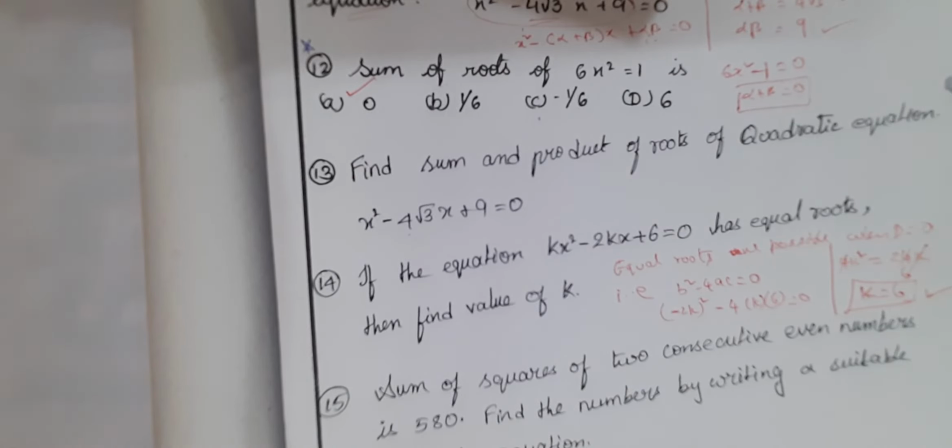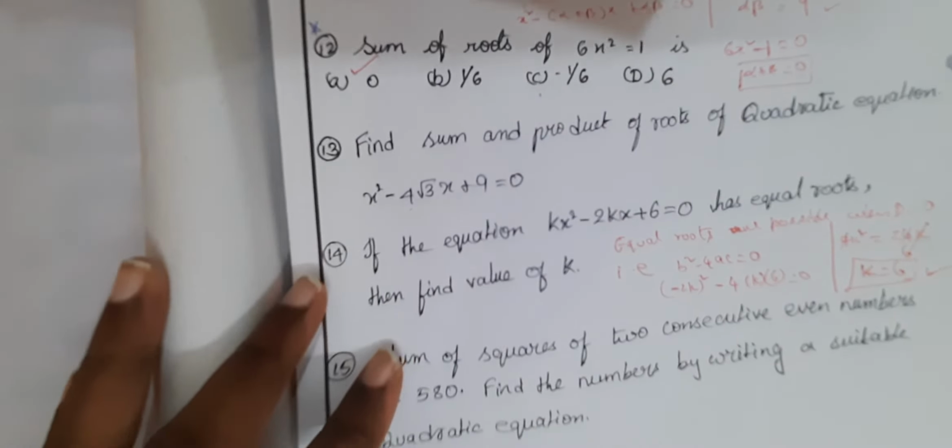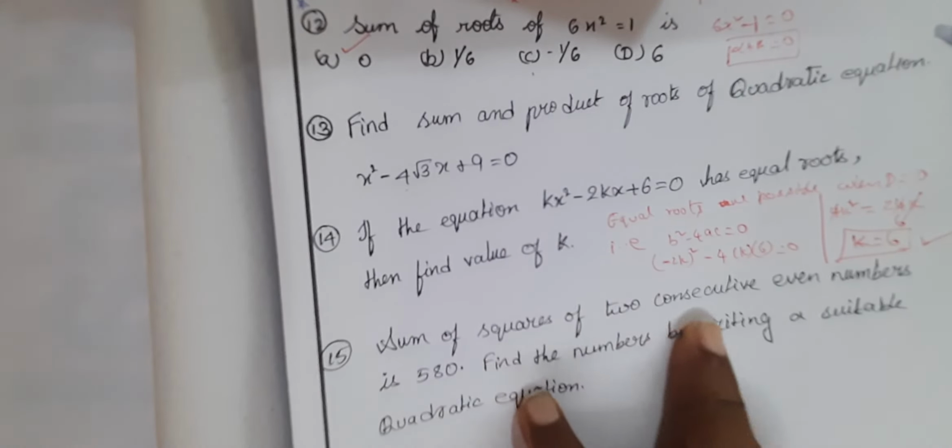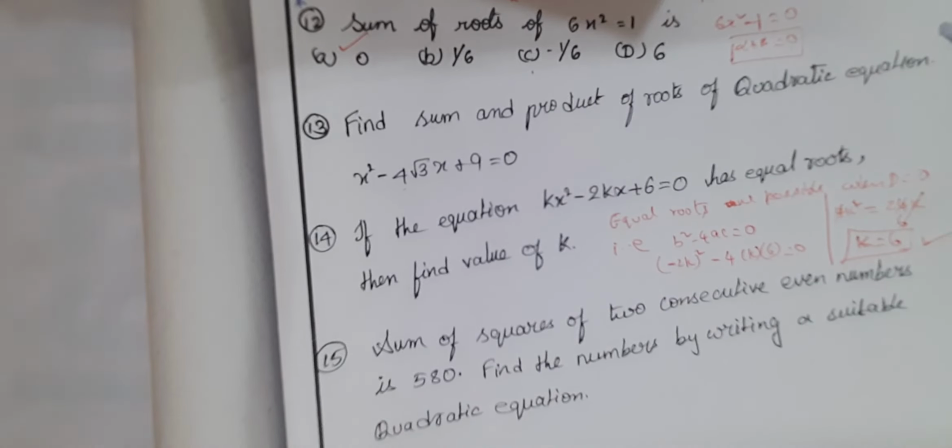Okay? Now the next problem, a very, very important and logical problem. The sum of the squares of two consecutive even numbers is 580. Find the numbers by writing a suitable quadratic equation. Let's do it. This may be asked as an 8-mark question. The 15th one.